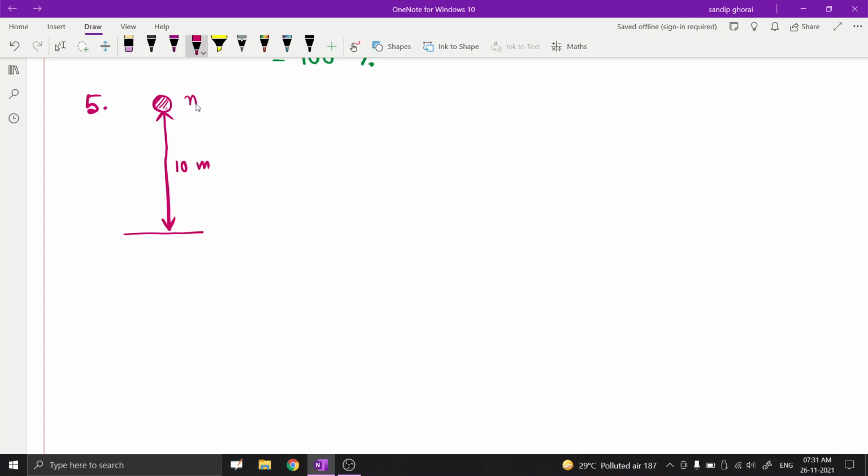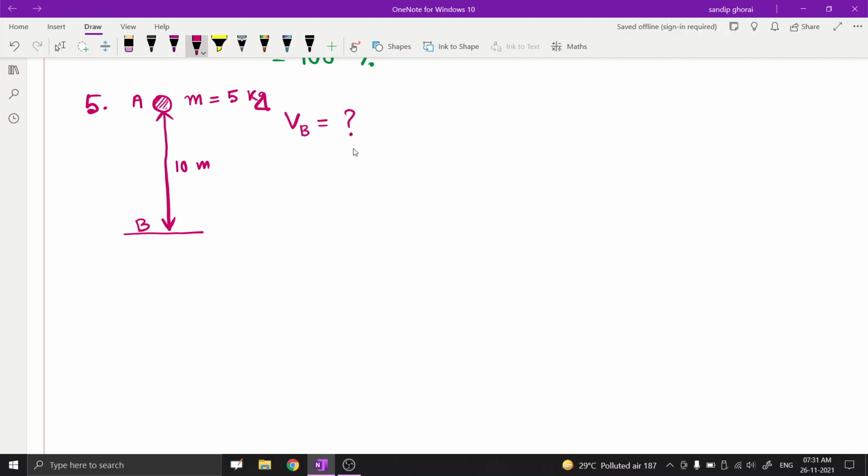The mass of the body is suppose 5 kg, and this body freely falls, and after a certain time the body reaches from point A to point B. B is the ground point. Then find out what is its final velocity, or what is its velocity at point B.